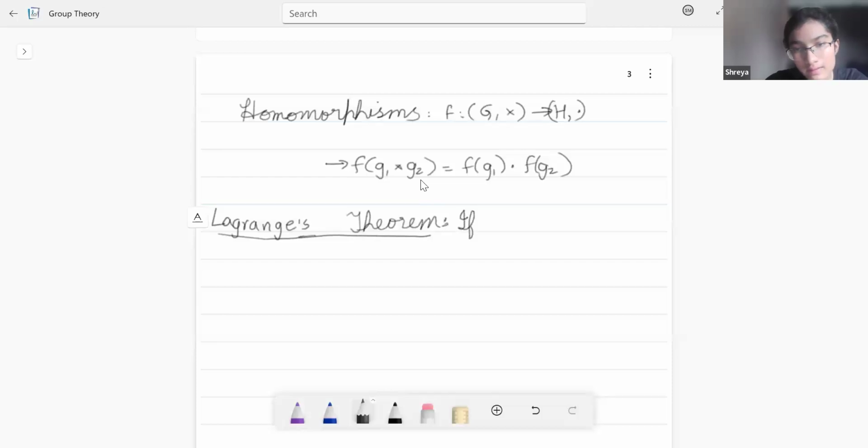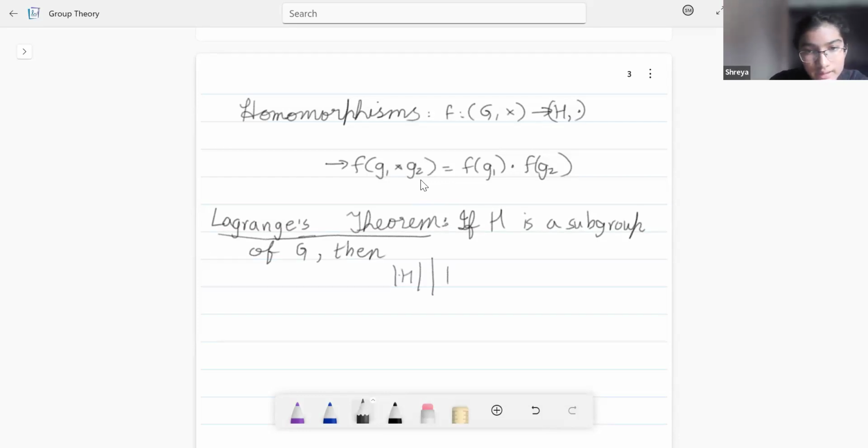If H is a subgroup of G, and I'll skip the operation, but it's the same operation for both, then the cardinality of H divides the cardinality of G.